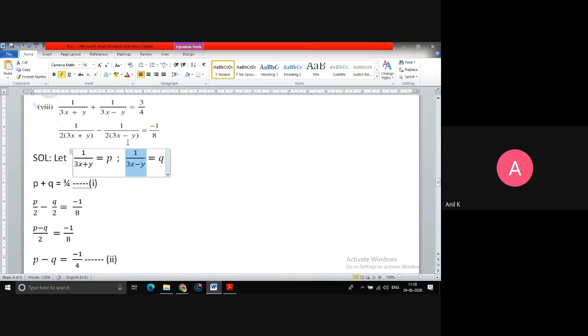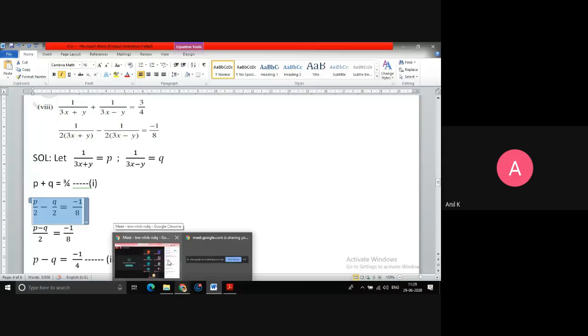In the second equation I have 1 upon 2 into (3x minus y), so the 2 remains in the denominator. So p upon 2 minus q upon 2 equals minus 1 upon 8. If the second equation is clear, fine. Or do you want me to explain a second time?